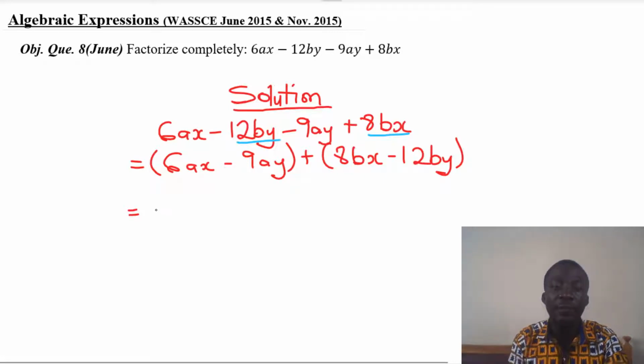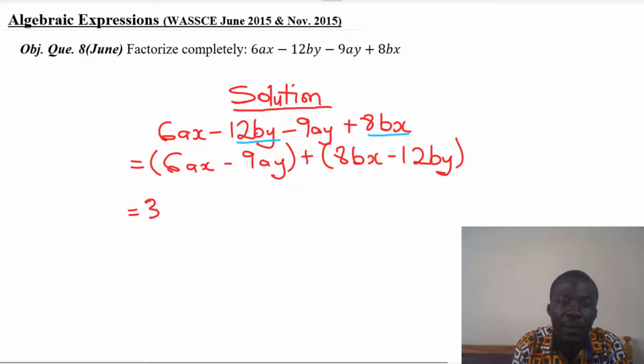Now that we have grouped them into pairs, we can go ahead with the factorization. The greatest common factor between 6 and 9 is 3. Then ax and ay, we can factor a out like this.